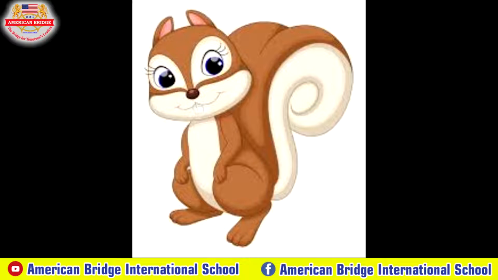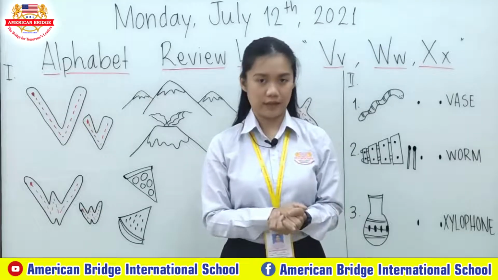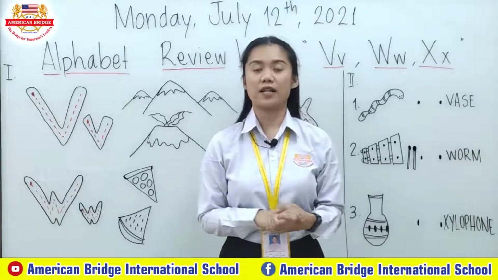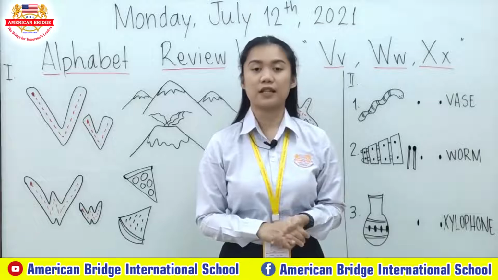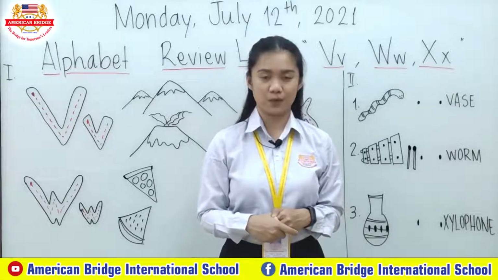This is squirrel. No, it's not. This is a family of squirrel also. This is a xerus. So, a xerus is a small African ground squirrel. Yes. So, those are the animals and pictures that come from our textbook.